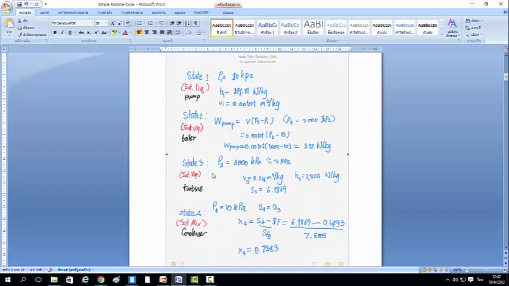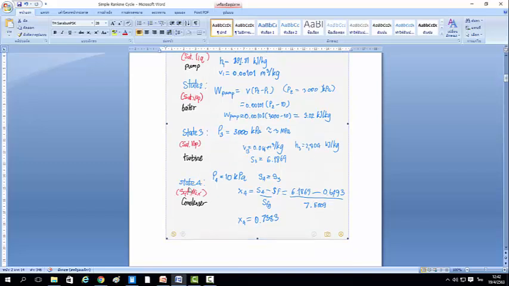State 3 is also at the same pressure as state 2, that is 3 megapascal. So we can get the specific volume by opening the table, and get the enthalpy from the table also.